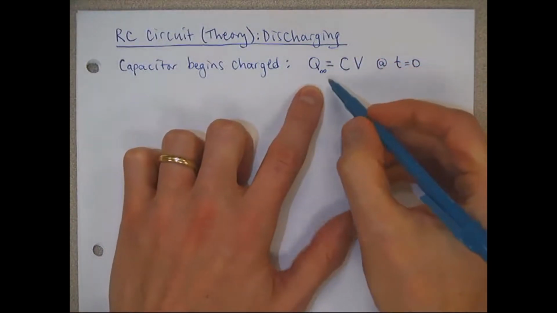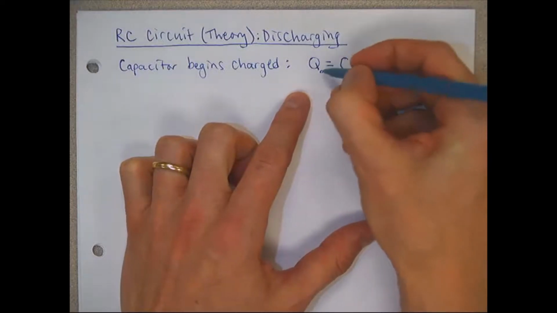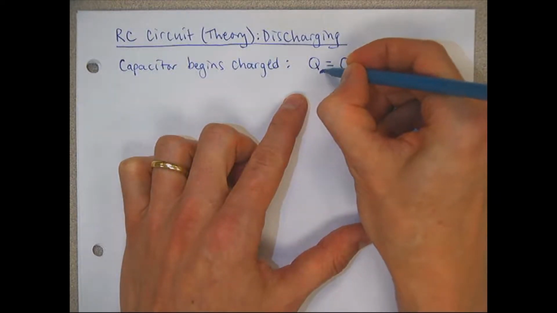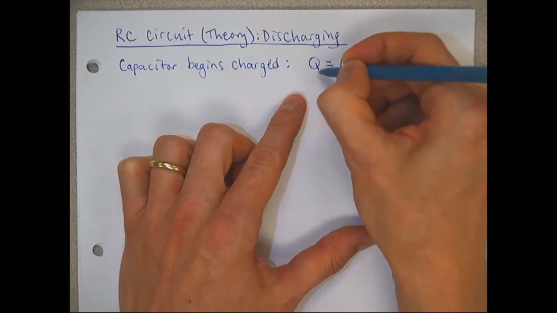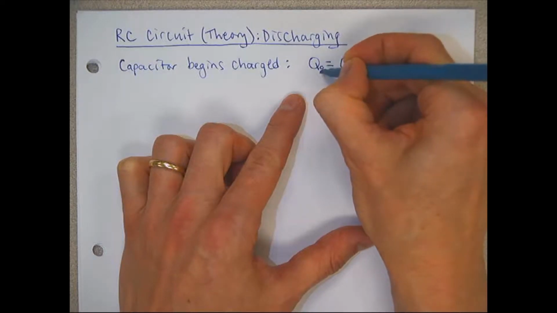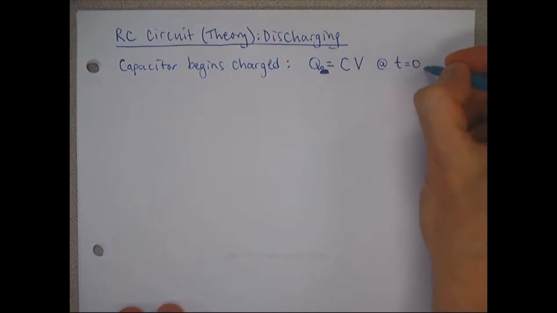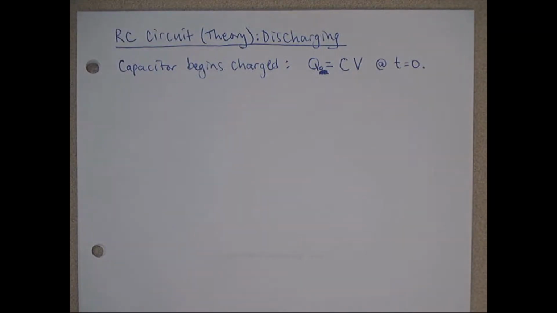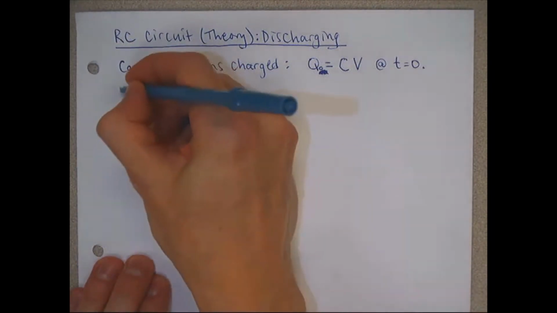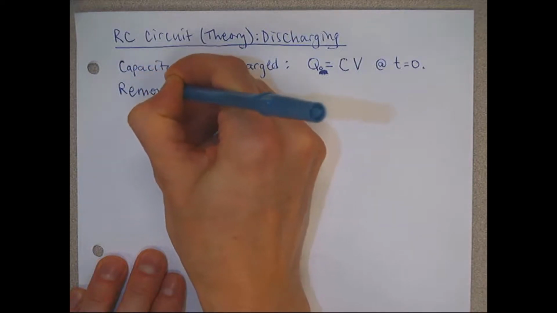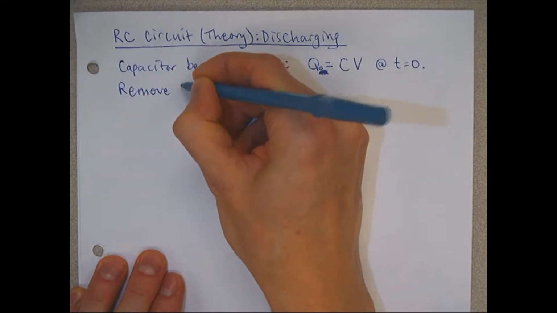So we'll take the Q infinity from the charging case, and we'll call it Q0, because now that's the starting charge on either plate of the capacitor, and we remove the battery from the circuit, complete the circuit again.